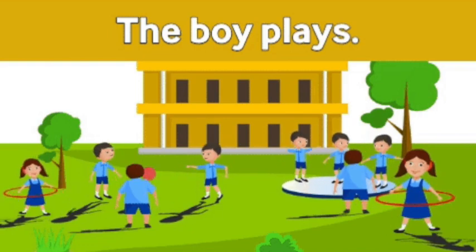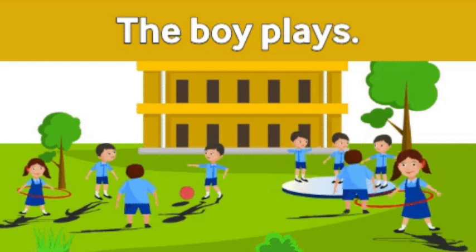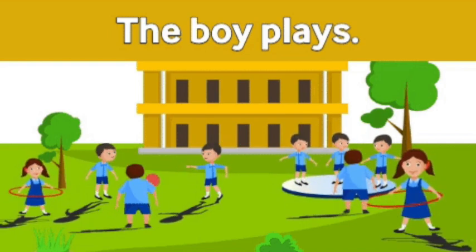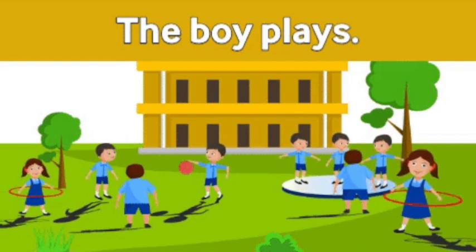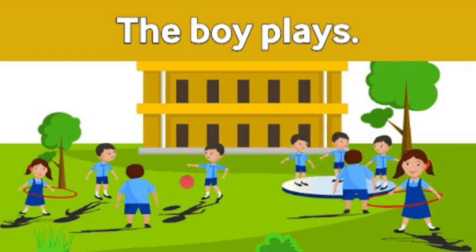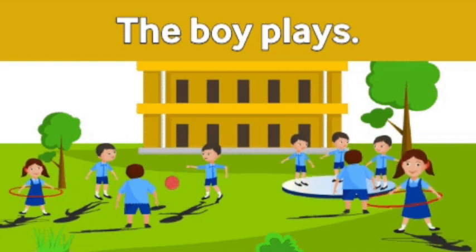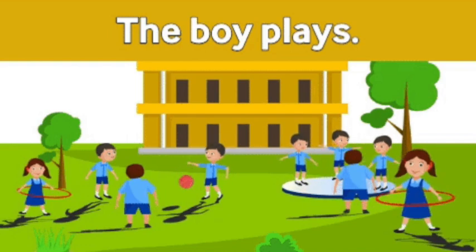So we can say the boy plays, but we want to continue sometimes giving more information, more ideas about what the boy is doing. Yes, the boy plays, but what else can we say about the boy?